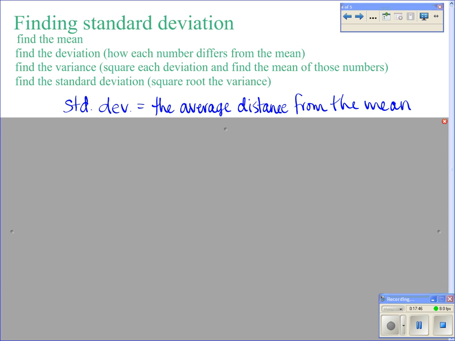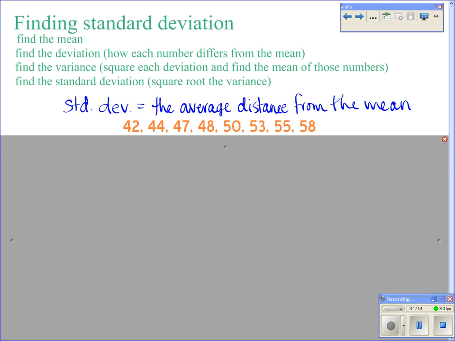So typically, when you're doing surveys, you're going to collect thousands and thousands of numbers. We're just going to try this with 8 numbers. Okay, so these are the 8 numbers, and I've already put them in increasing order for you. Not that that's hugely important, but at least it gives us that step. So 42, 44, 47, 48, 50, 53, 55, 58.